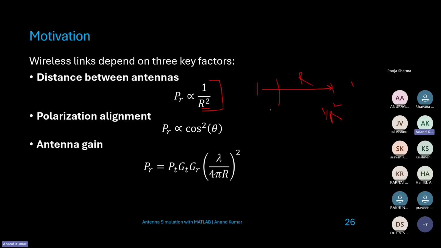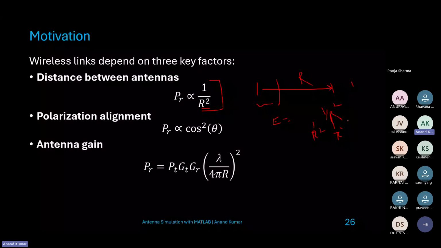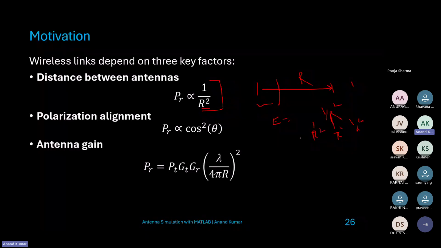In the near field, this is different, because this results as an approximation of the E field expression. If you are plotting, this will have 1 by r square, 1 by r cube, 1 by r4. All these terms will be there. So based on the distance from your antenna, different terms dominate, and those effects are seen. So in the far field, it's 1 by r square.